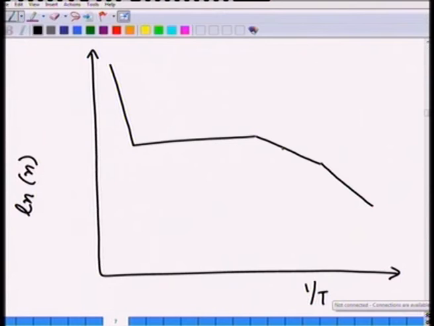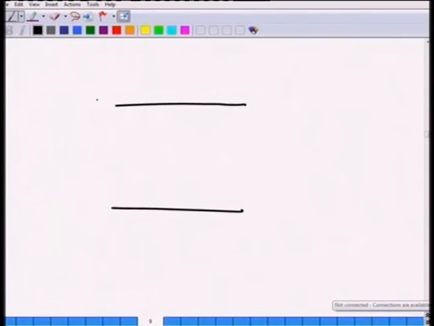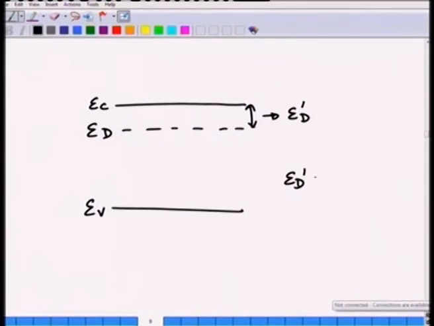The slope here is, let us give a name because this is becoming very big. So, if this is EC, if this is ED and this is EV, then let us give this difference a name, let us call it ED prime, where ED prime is equal to EC minus ED.